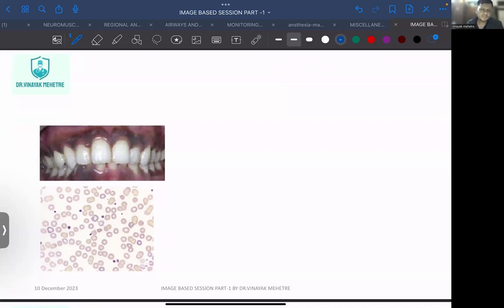Pallor, headache, dizziness, bluish blackish line on the gums, disoriented, or the patient is infertile. All goes to one answer only.